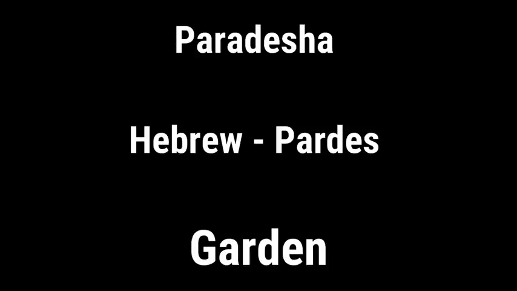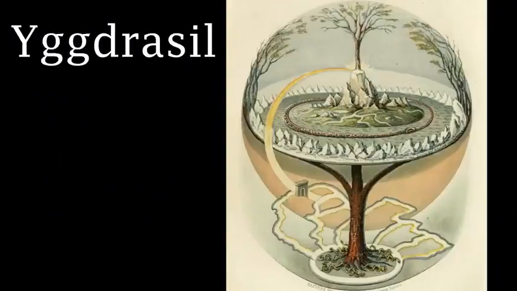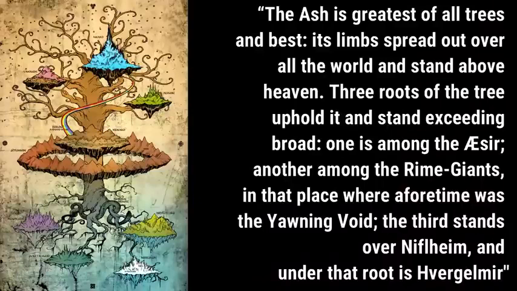In Norse mythology, we have Vergelmir, the whirlpool at the roots of the cosmic tree Yggdrasil, where we are told all rivers flow from. "The ash is greatest of all trees and best.